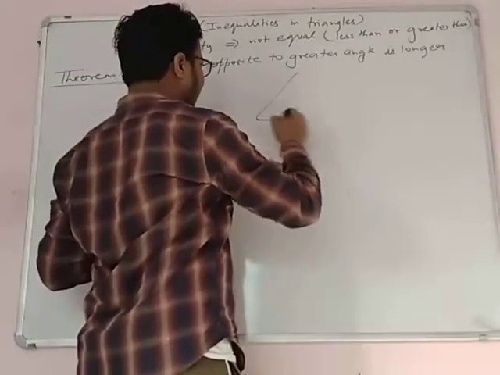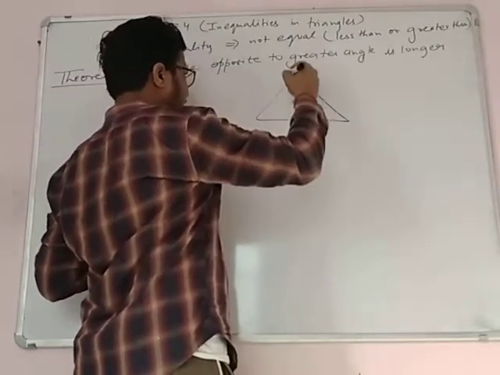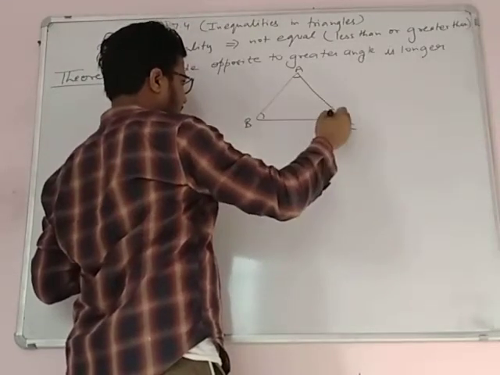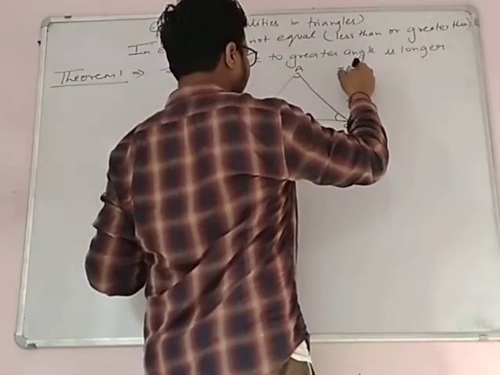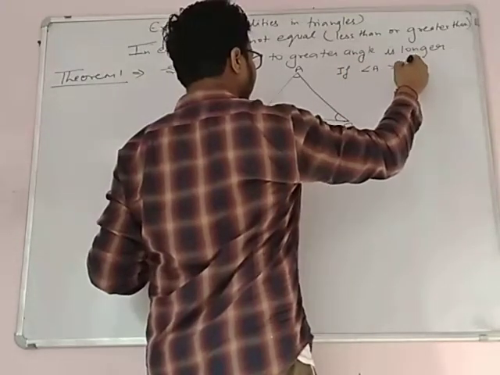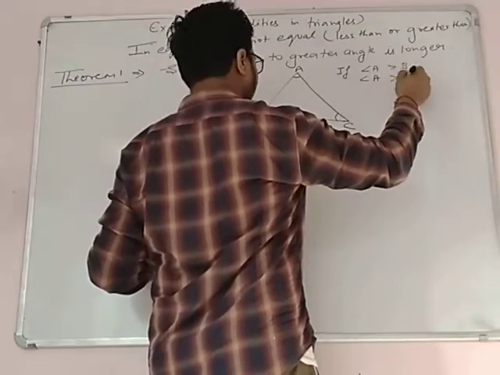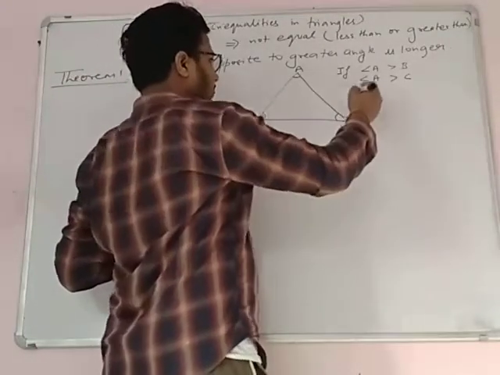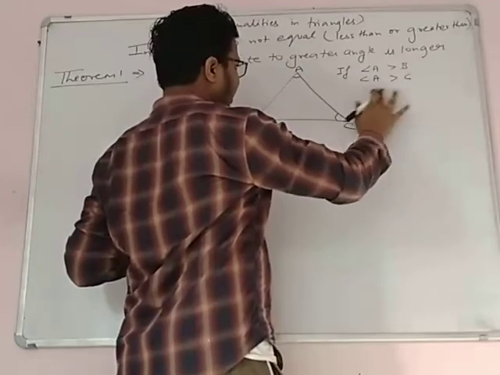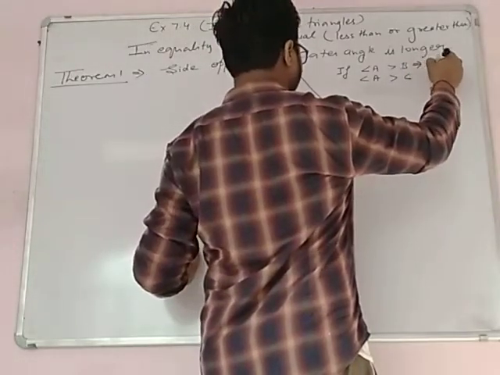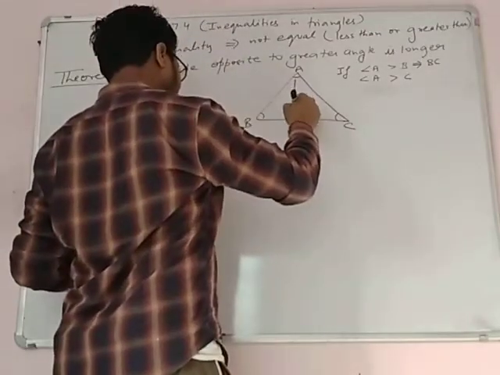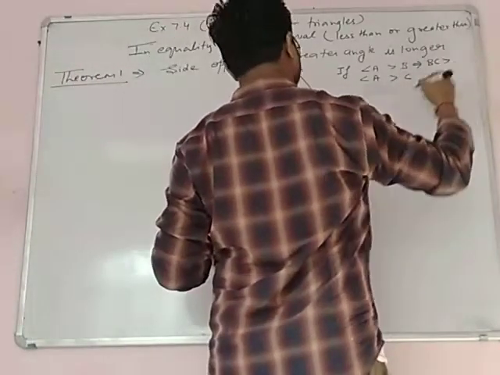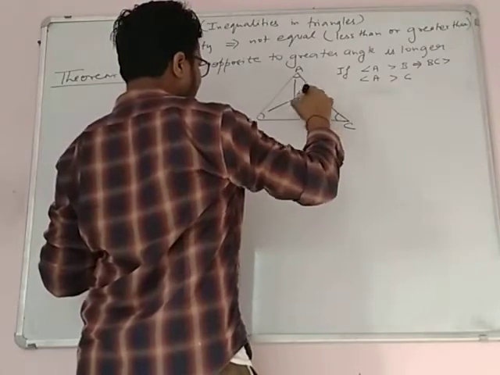It means if I take a triangle ABC, and if angle A is greater than angle B and angle A is also greater than angle C, that means the side opposite to angle A, which is BC, is greater than the side opposite to angle B, which is AC.